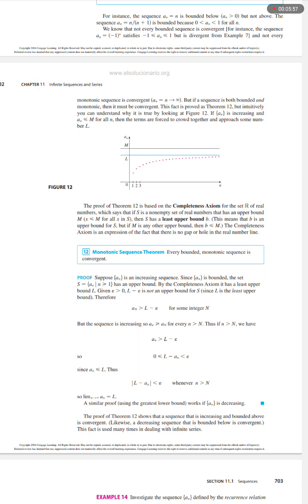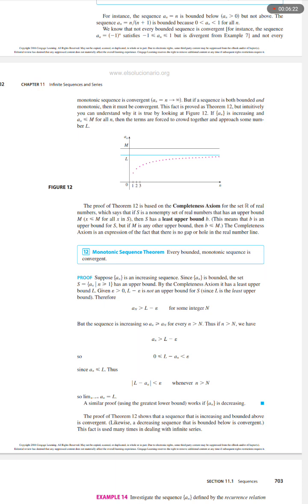If (a_n) is increasing and a_n is less than or equal to M for all n, then the terms are forced to crowd together and approach some number L. Figure 12.